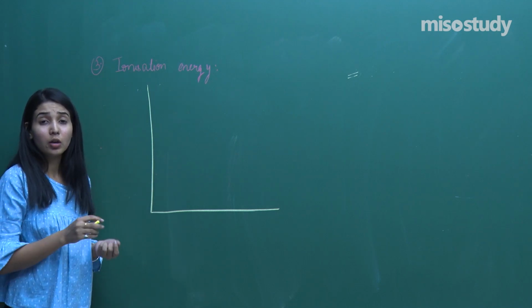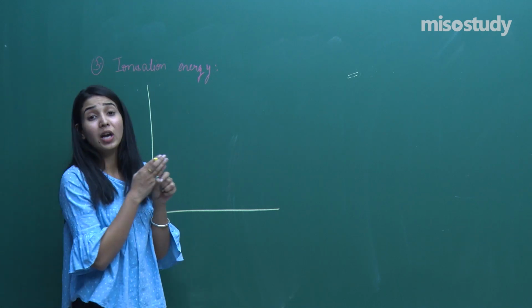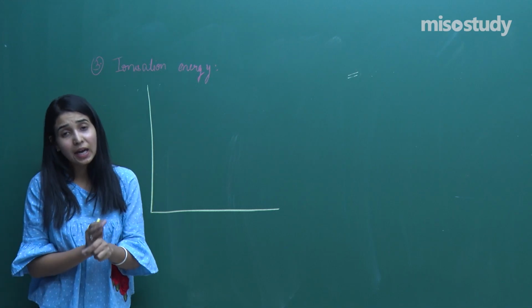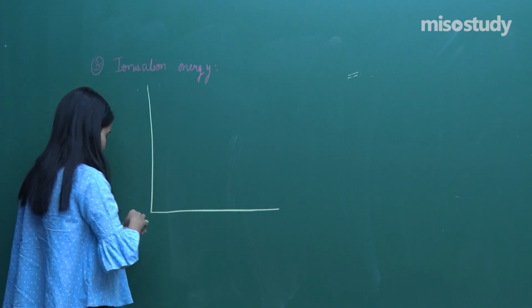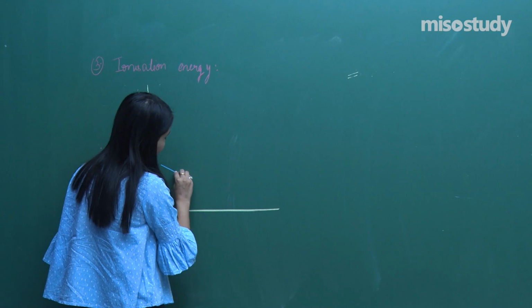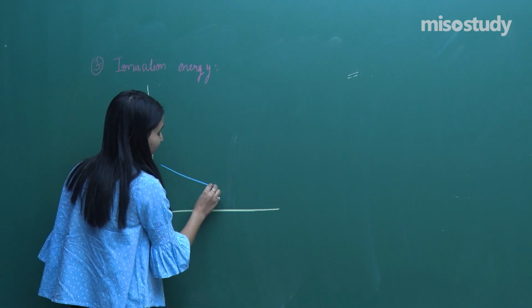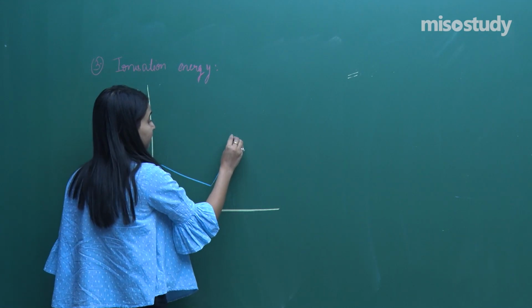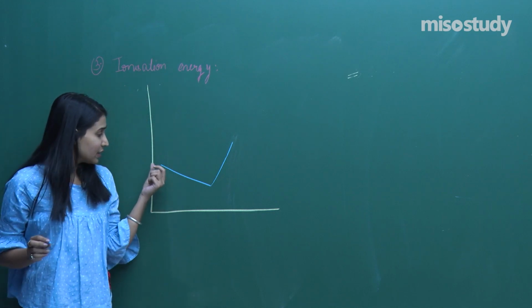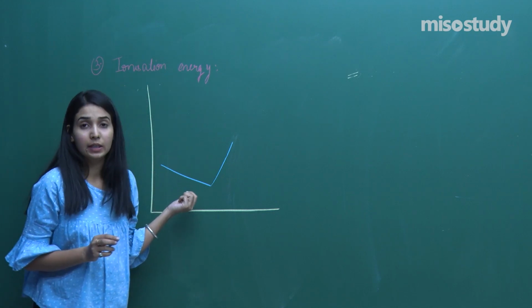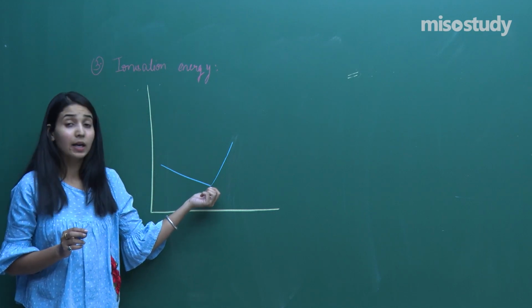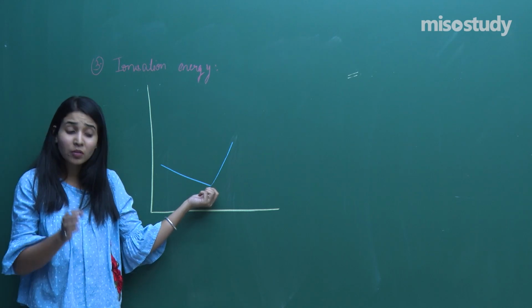Now, if I talk about the particular trend for ionization energy, it goes from a decrease in the initial, then leading to an increase. Scandium, titanium, vanadium, till my chromium, at the point of chromium I will observe a decrease.